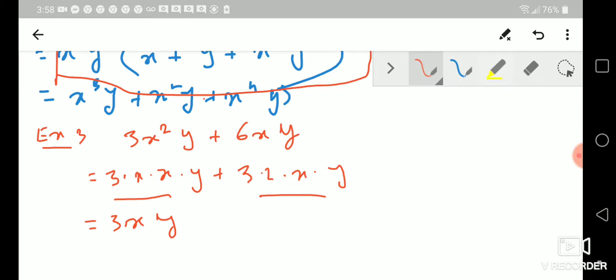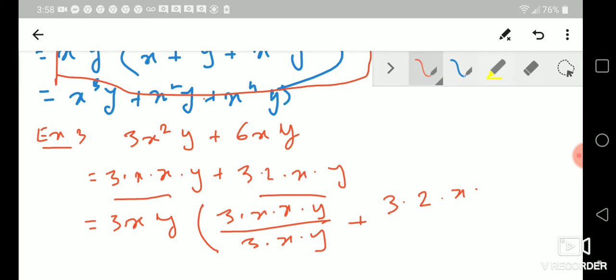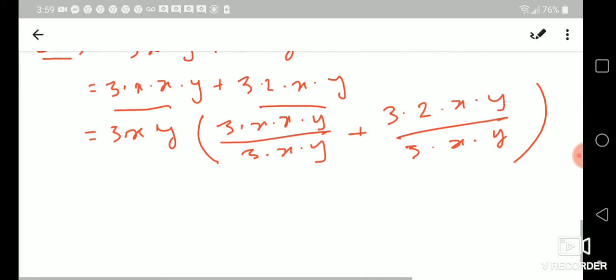So 3xy is the factor, and we'll write that as a multiplication expression, and like previously, we'll divide the terms by the factor expression: 3 dot x dot x dot y divided by 3 dot x dot y, and 3 times 2 times x dot y divided by 3 dot x dot y.